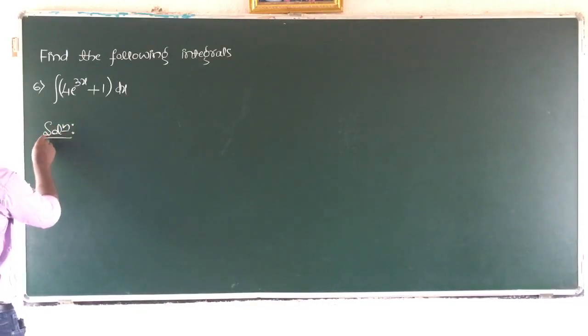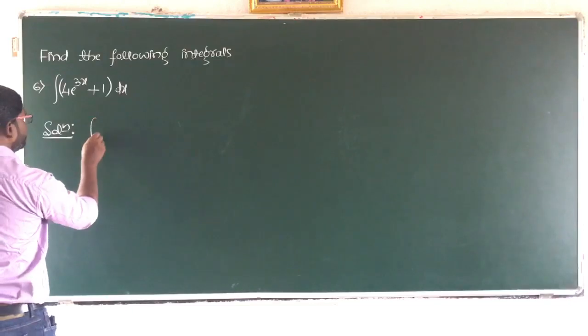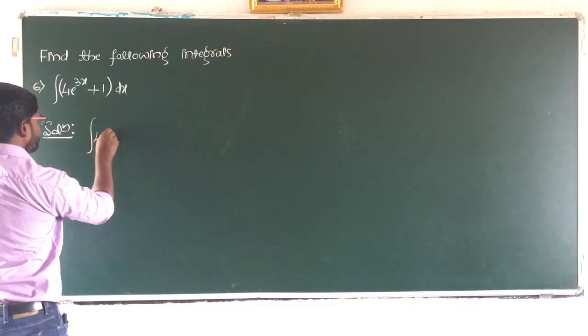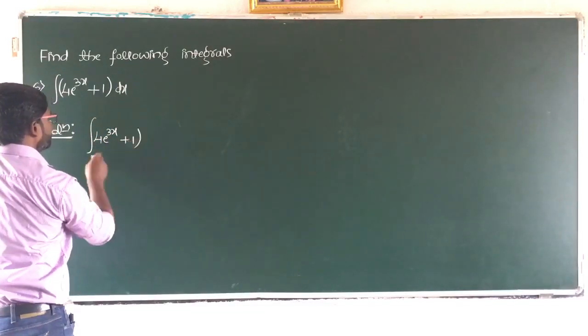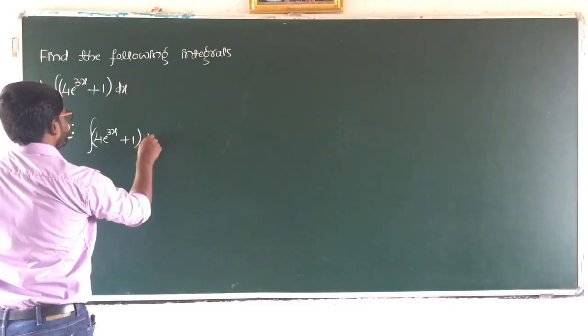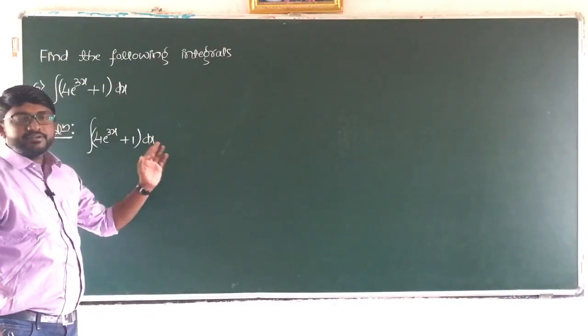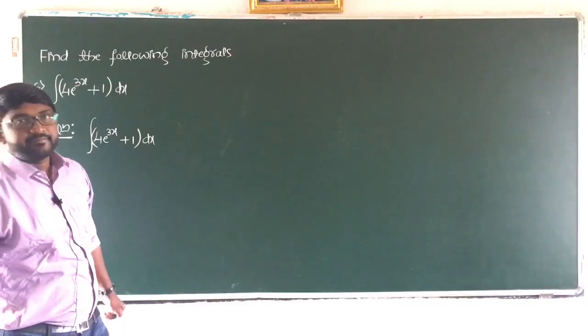So I write the given integral as it is: integral 4 e power 3x plus 1 dx. In the last class I had given an important property on indefinite integrals.